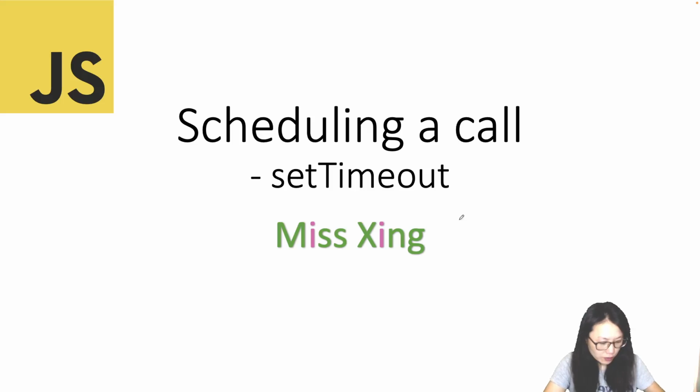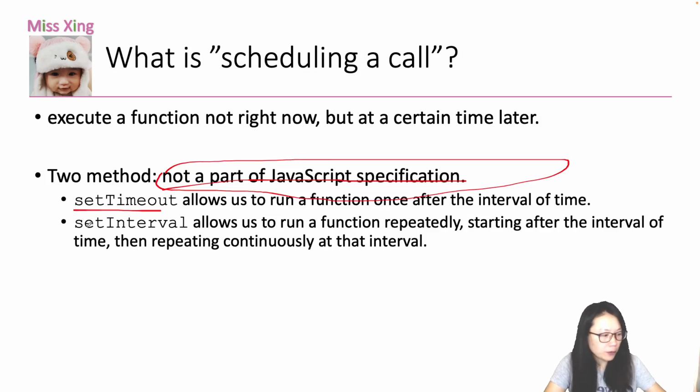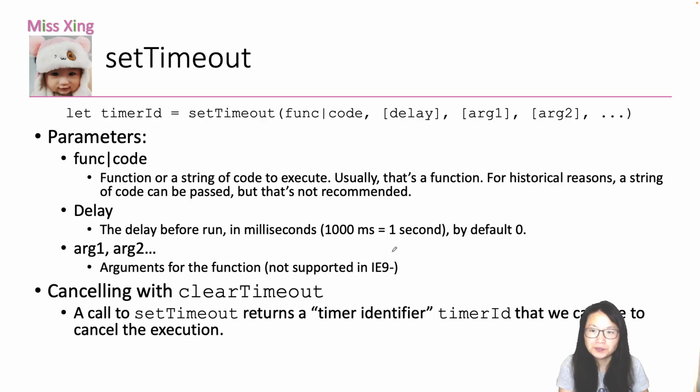The next one is setInterval. setInterval allows us to run a function repeatedly, starting after the interval of time and repeating continuously at that interval, every 1 second or every 10 seconds, executing a particular function. But we will compare the difference, because it's not always exactly after 10 seconds. We will see setInterval in the last video, the third video.